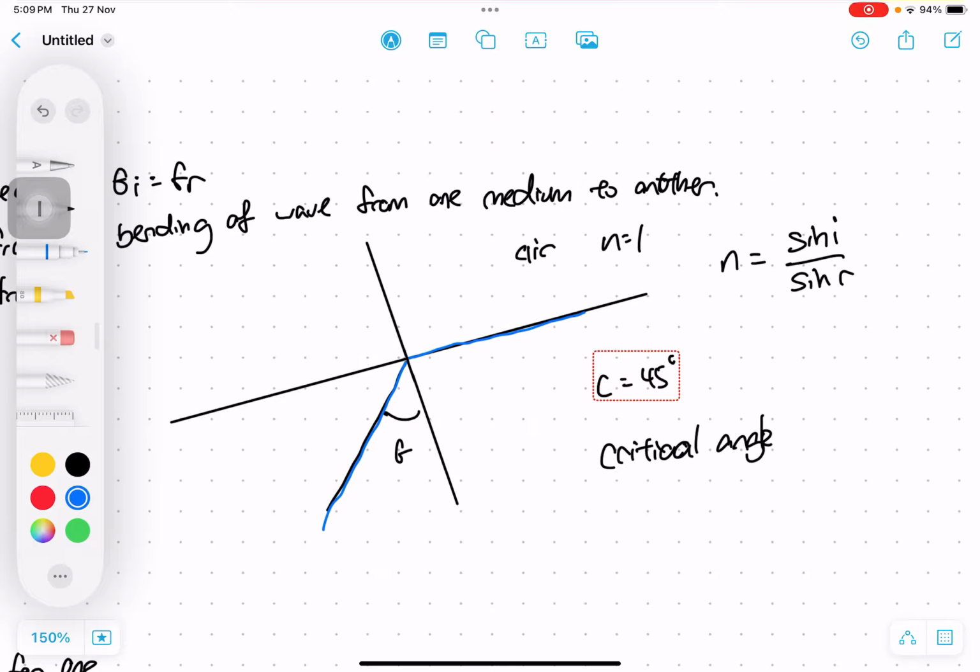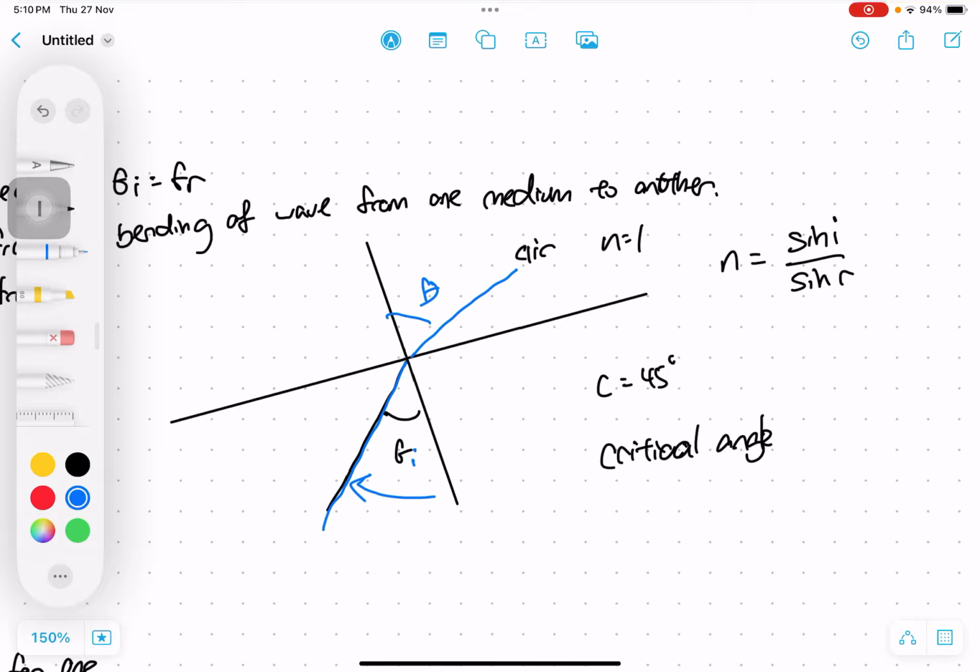If more than 45 degrees, it returns back, and the angle must be the same, meaning i and r will be the same. If less than the critical angle, it just goes out, further away because it's much less. So this is how it is for critical angle.